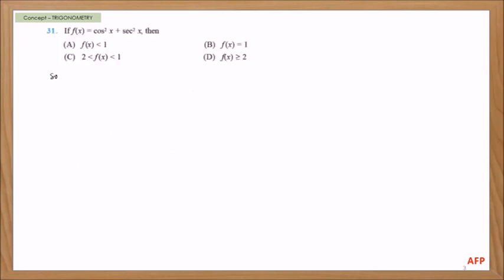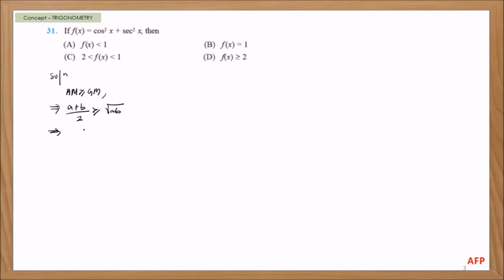Okay, in this type of problems, f of x is equal to cos square x plus secant square x. So f of x lies between, or is less than or equal to, these options are given. To solve this kind of problems, we will use the inequality AM is greater than or equal to GM. So a plus b divided by 2 is always greater than or equal to square root of ab.